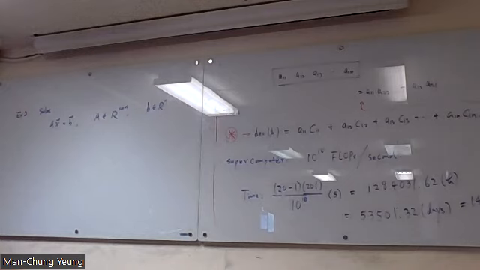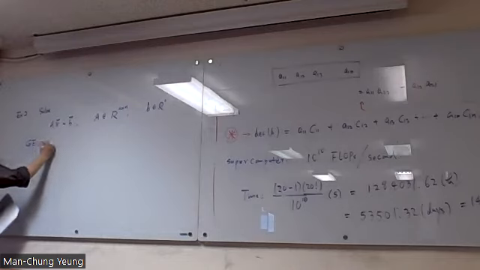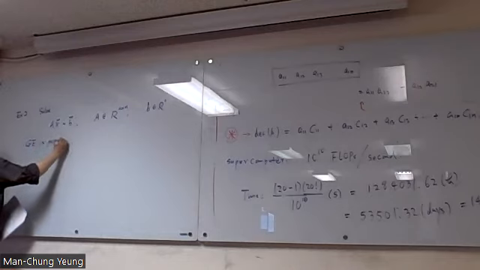A typical solution for solving a linear system is Gaussian elimination. GE, Gaussian elimination, is popular.